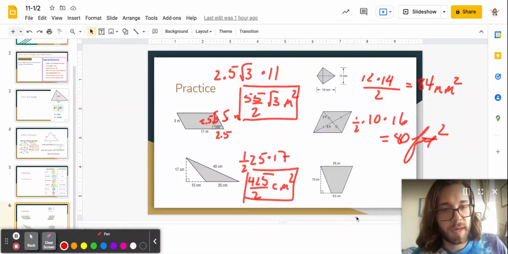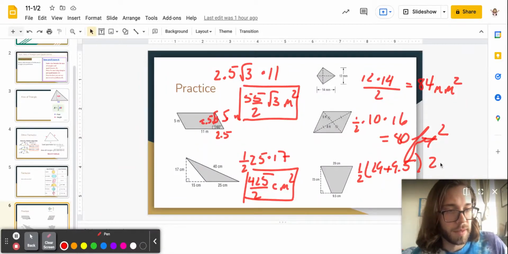All right, and then finally we have our trapezoid. Again, it is 1/2 base 1 plus base 2, so 29 plus 9.5 times the height, which is 23.